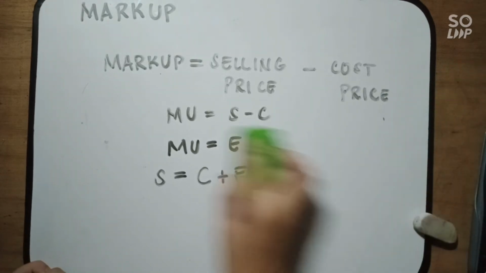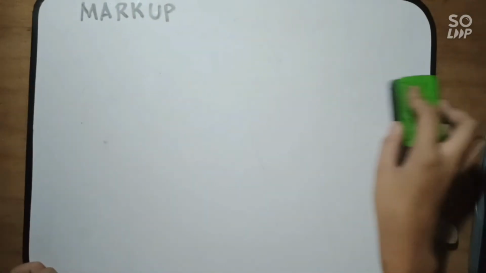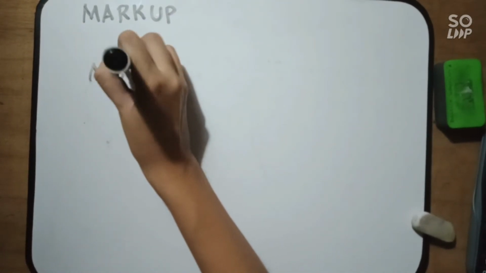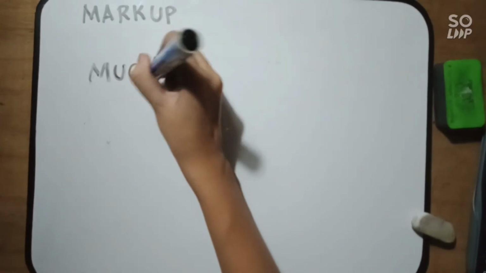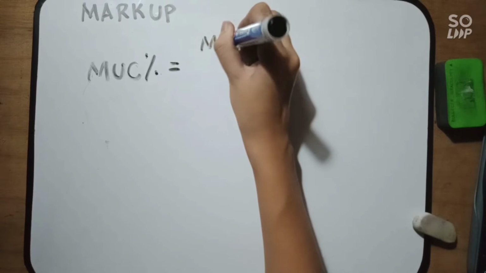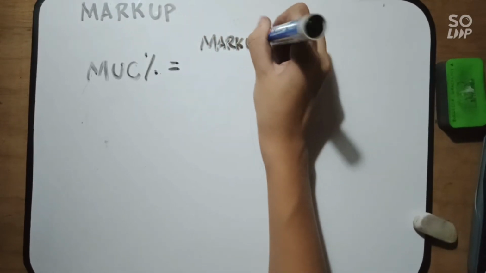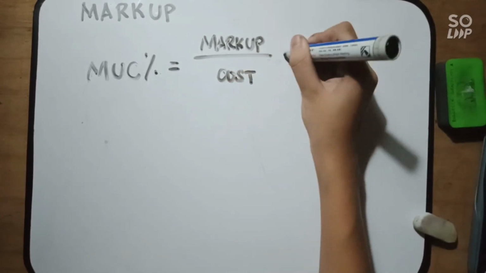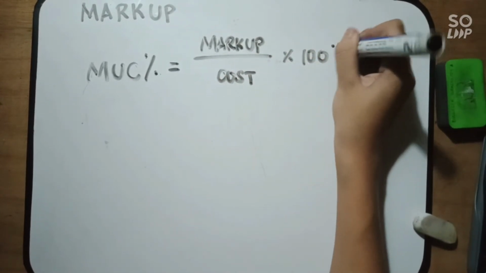So under the markup, there is also what we call the rate of markup based on cost and based on selling price. So the formula for rate of markup based on cost is markup based on cost is equal to markup over the cost times 100%.